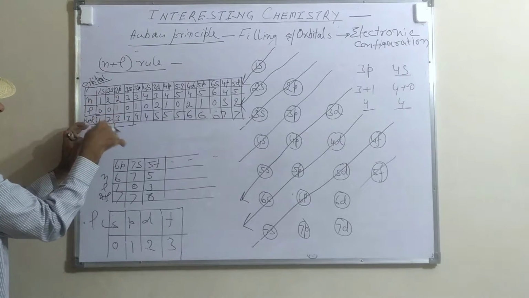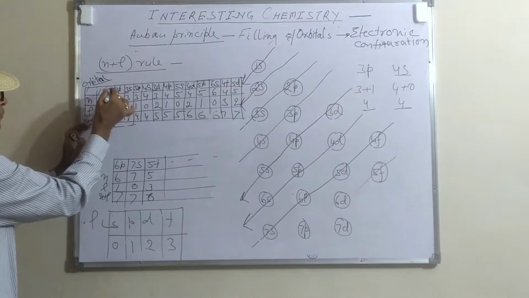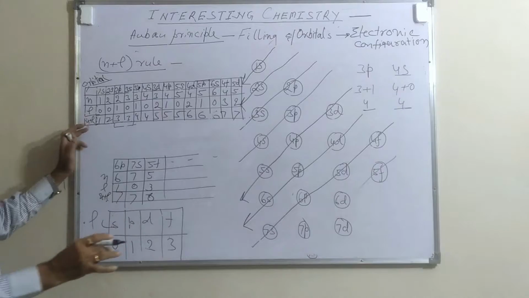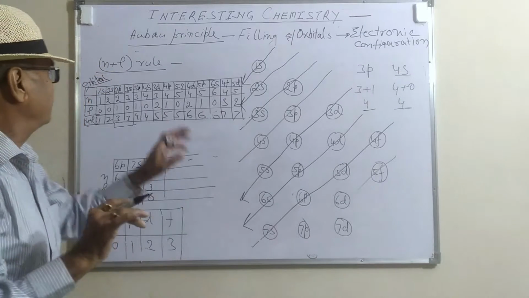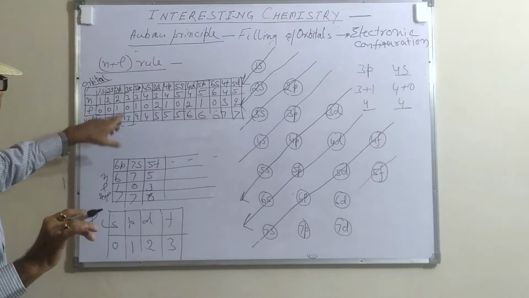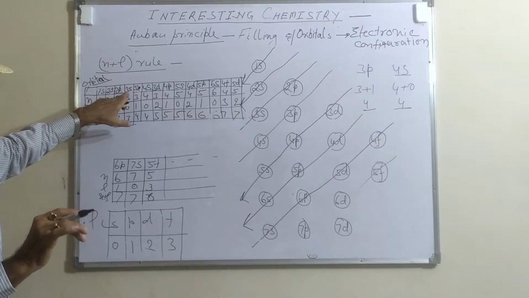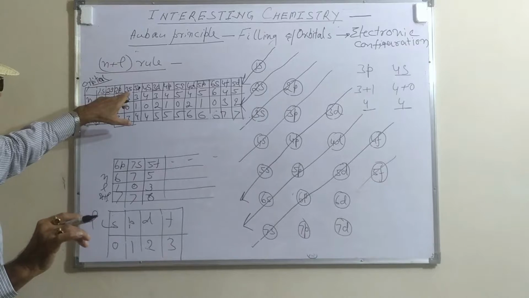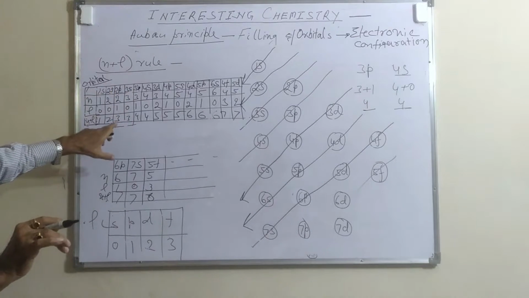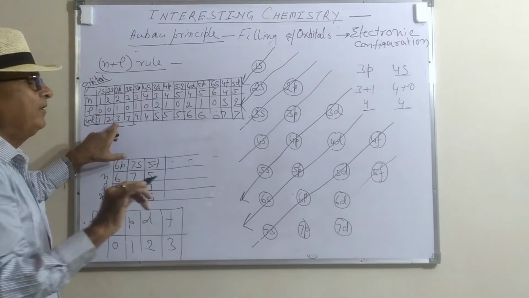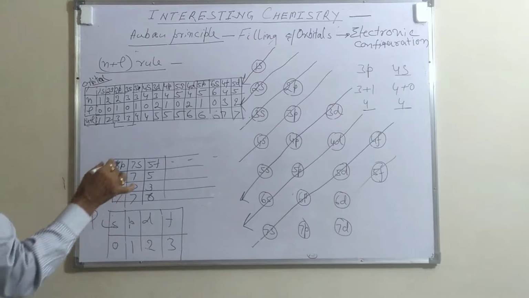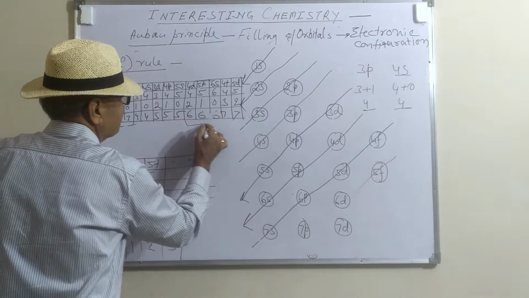So the newly coming electron will enter 2p before 3s, because the principal quantum number of 3s is more than 2p. So 3s will be filled later and 2p will be filled first in this case.